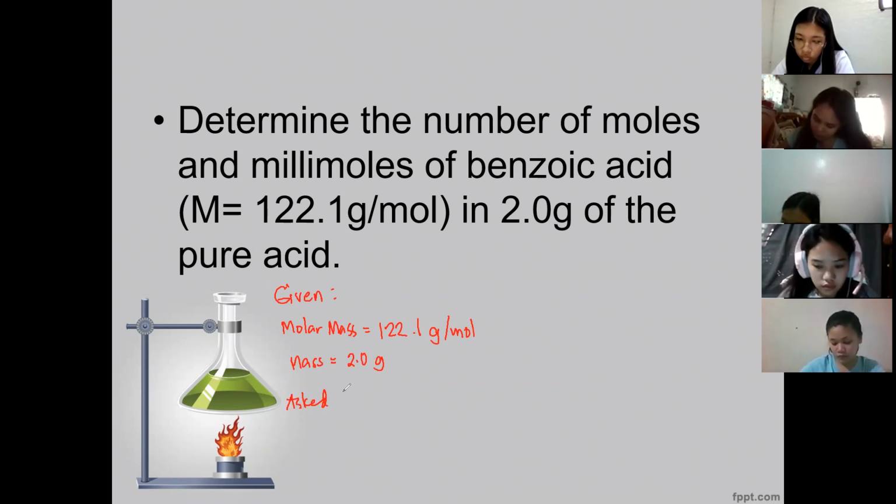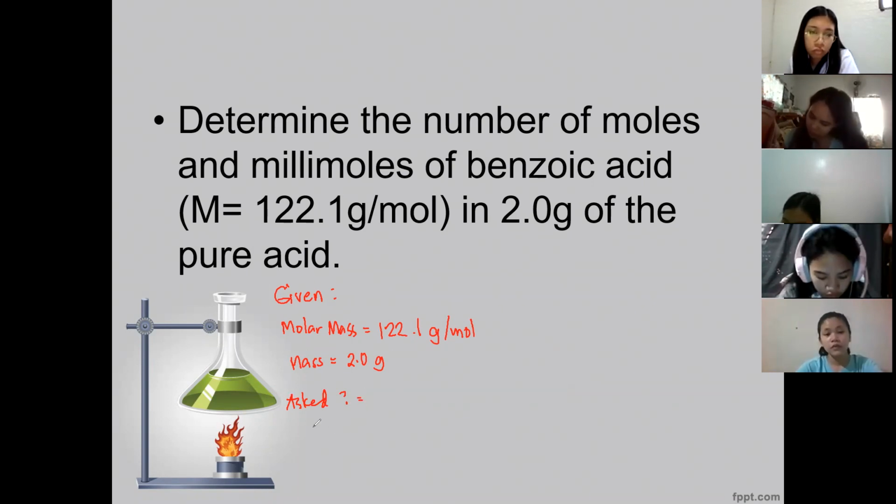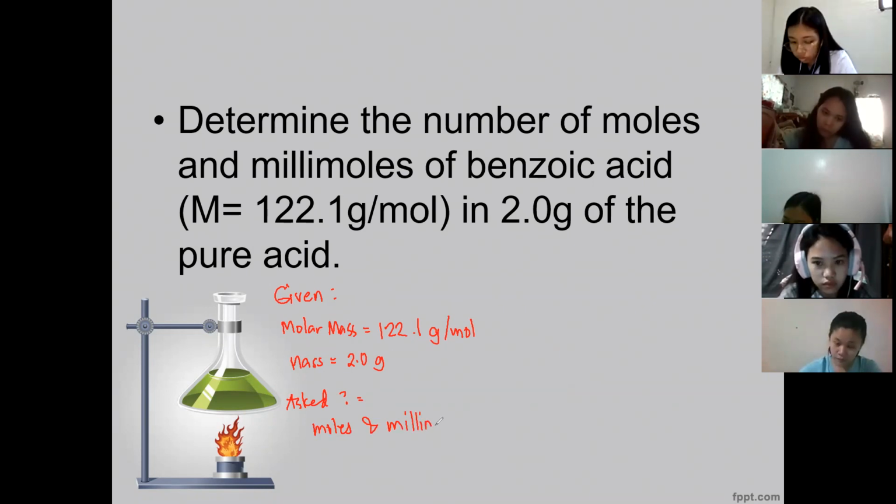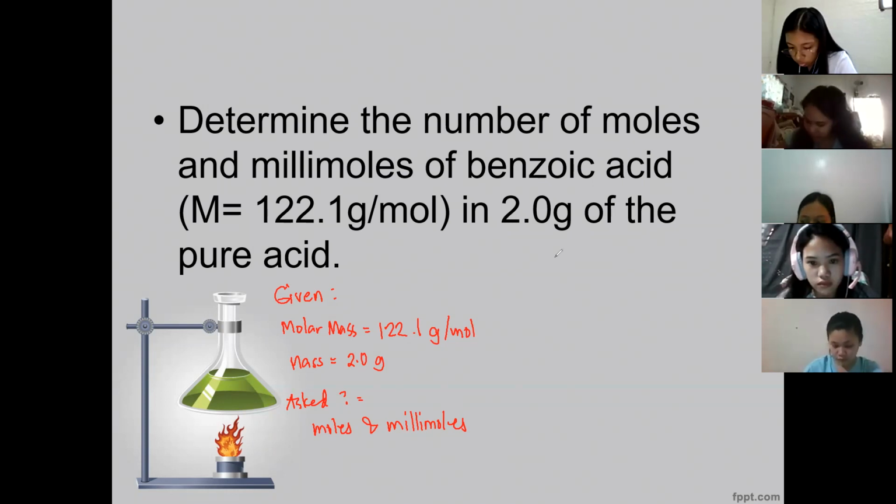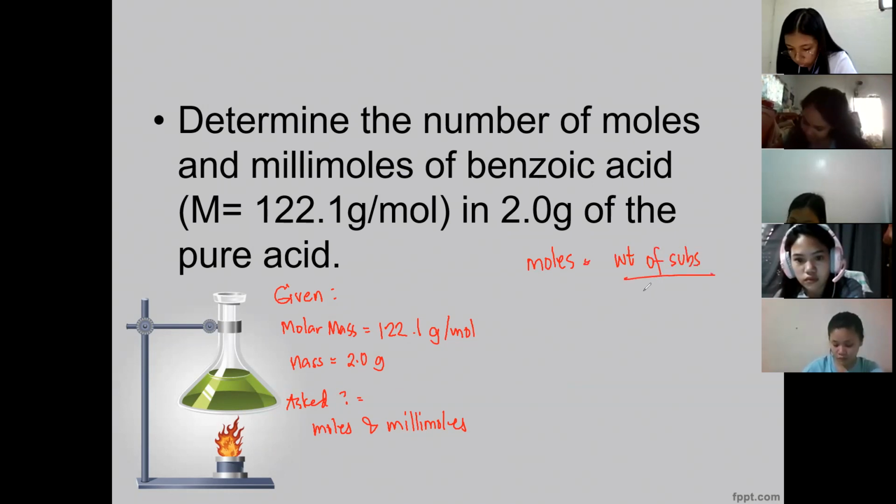Now, what is asked in the problem? We have here the moles and also the millimoles. Now, how do we compute for this one? I actually use the formula moles is equal to the weight or the mass of the substance divided by its molar mass.